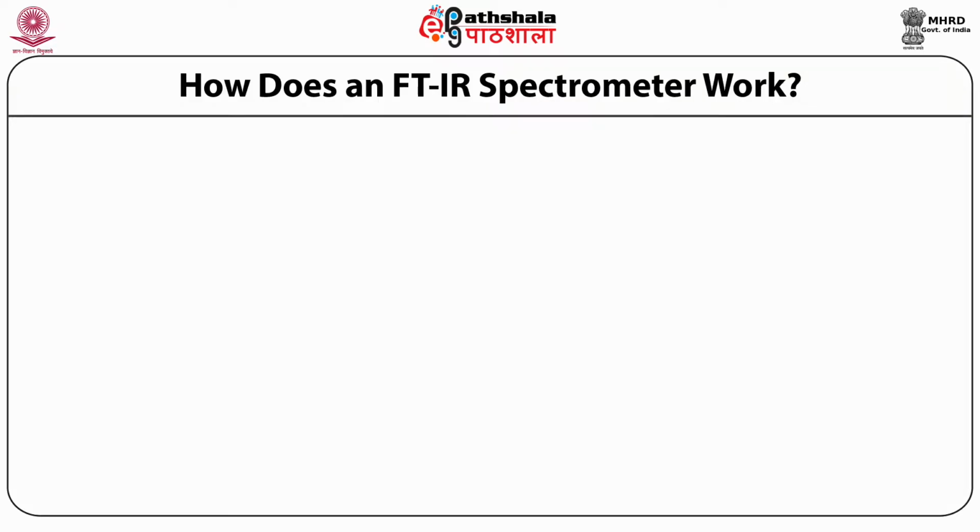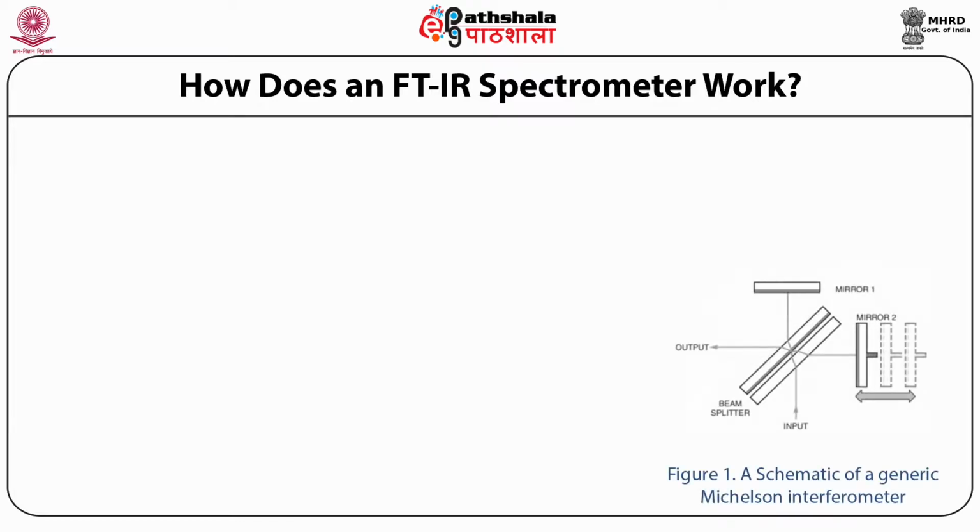Let us now discuss how the FTIR spectrometer works. Before that, first we'll discuss the Michelson interferometer. The FTIR is typically based on the Michelson interferometer experimental setup. An example is shown in this figure.